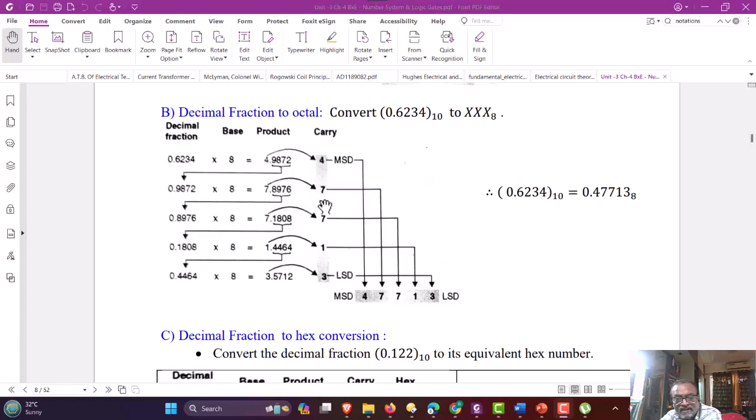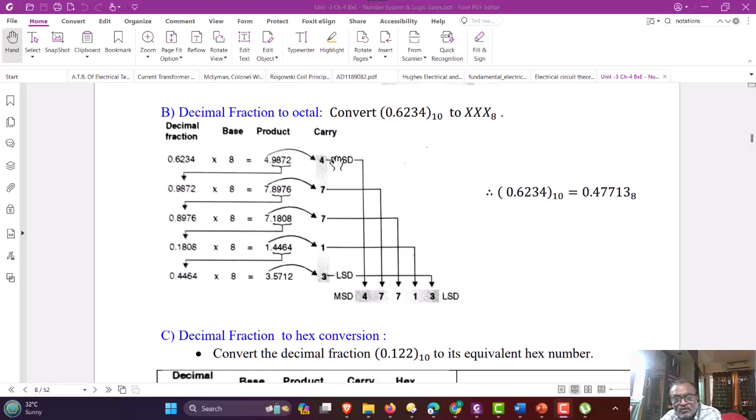Here it is 7, and the fractional portion is continued in the successive multiplication. Continue this process up to the required number of significant positions, because this process can be indefinite. If you want 4 significant digits, then only 4 steps are performed. If you want 5 digits after the decimal point, then 5 successive multiplications are performed, and so on.